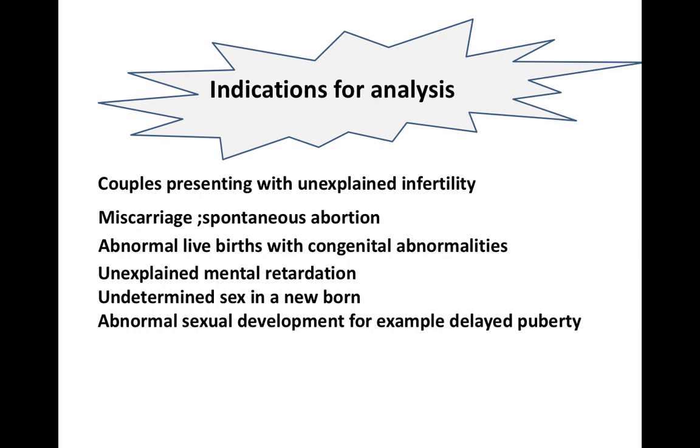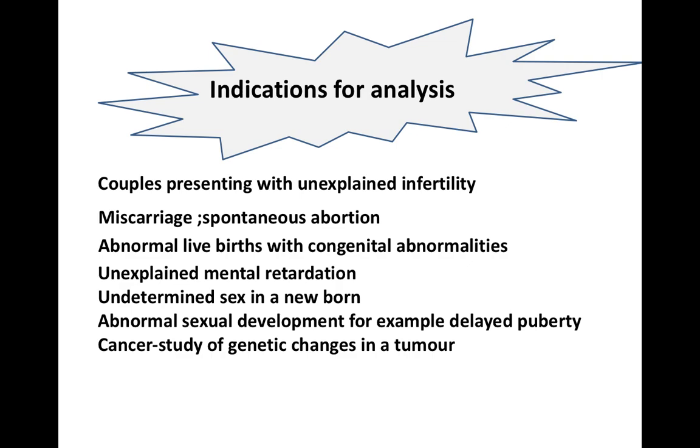Also, an important reason, as we will see in the coming slides, is when you have abnormal sexual development and delayed puberty. There are common causes for delayed puberty that relate to chromosomal abnormality, as we shall see.